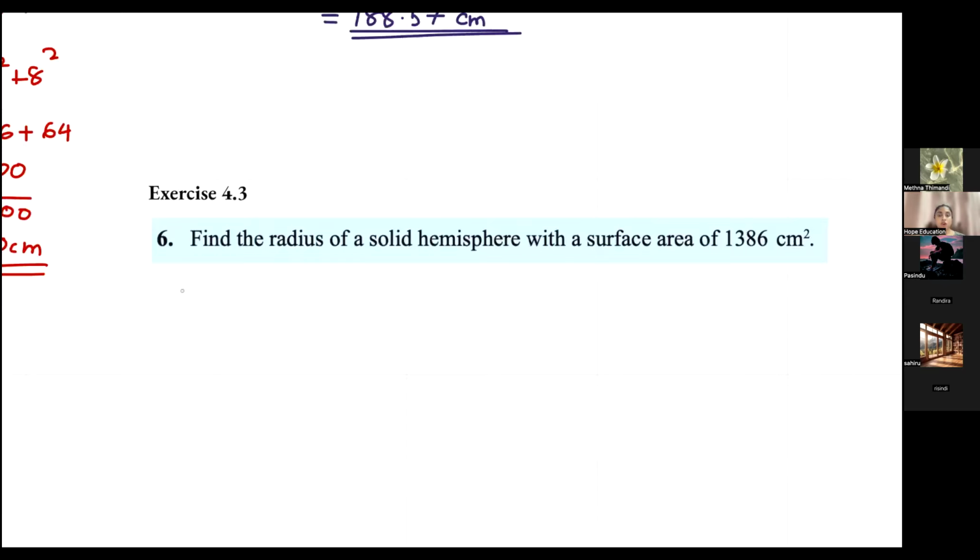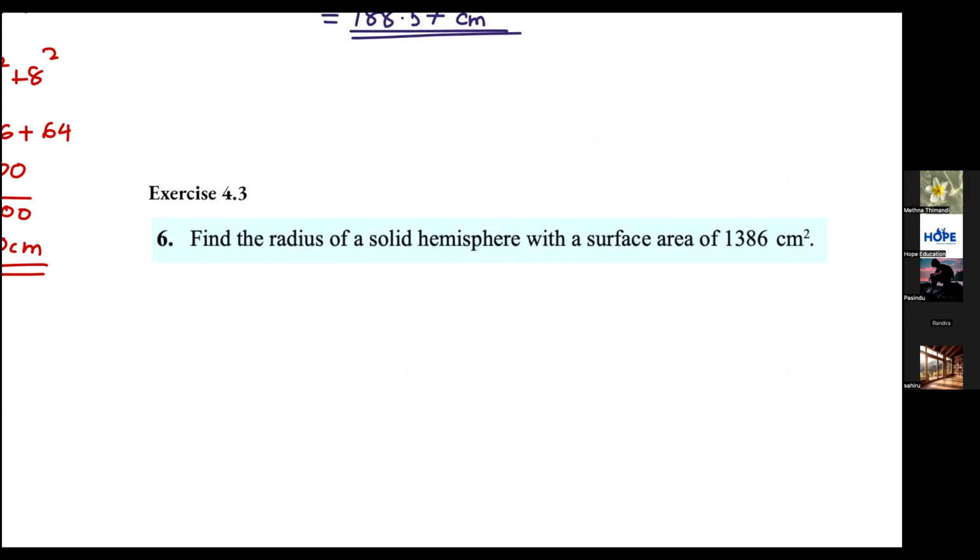Find the radius of a solid hemisphere, which is like half of a sphere, with surface area 1386. Now how do we find this? What is the formula for finding the surface area of a sphere?